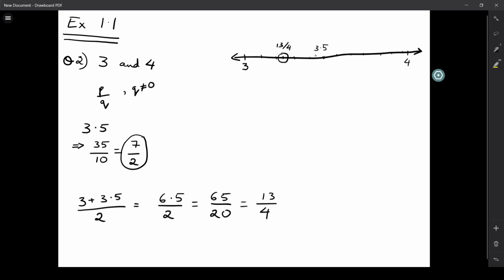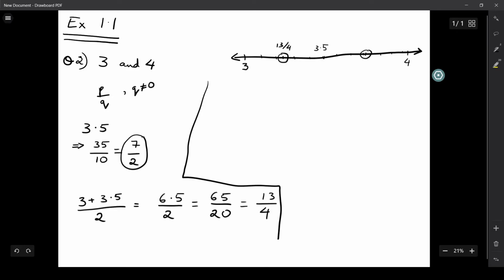Just like we took out the midpoint between 3 and 3.5, we can also take out the midpoint between 3.5 and 4, which will roughly lie somewhere here on the number line, and this will also be between 3 and 4. So if we do that, I'm just going to take some space out here.